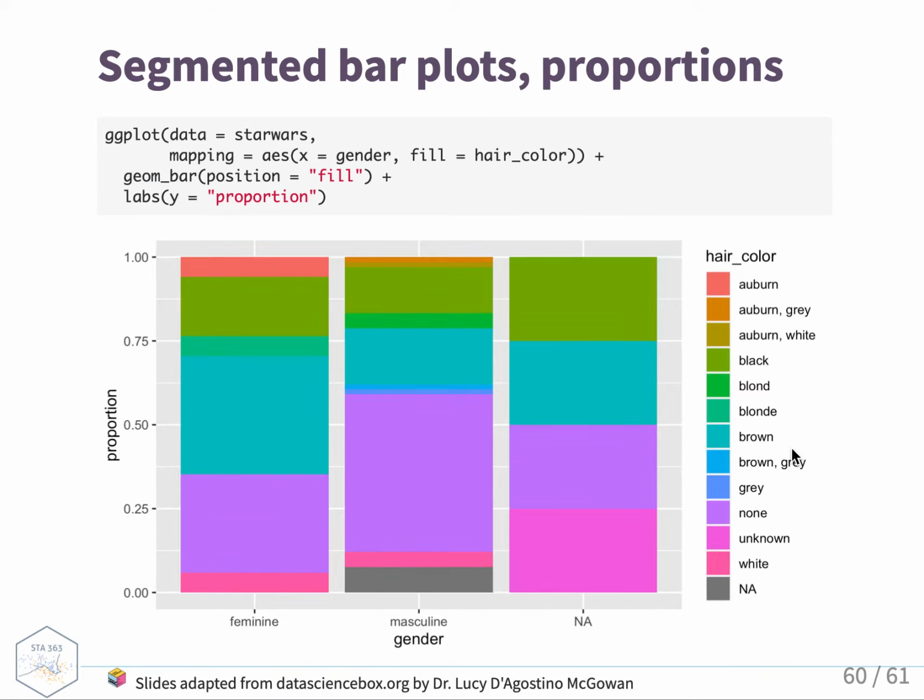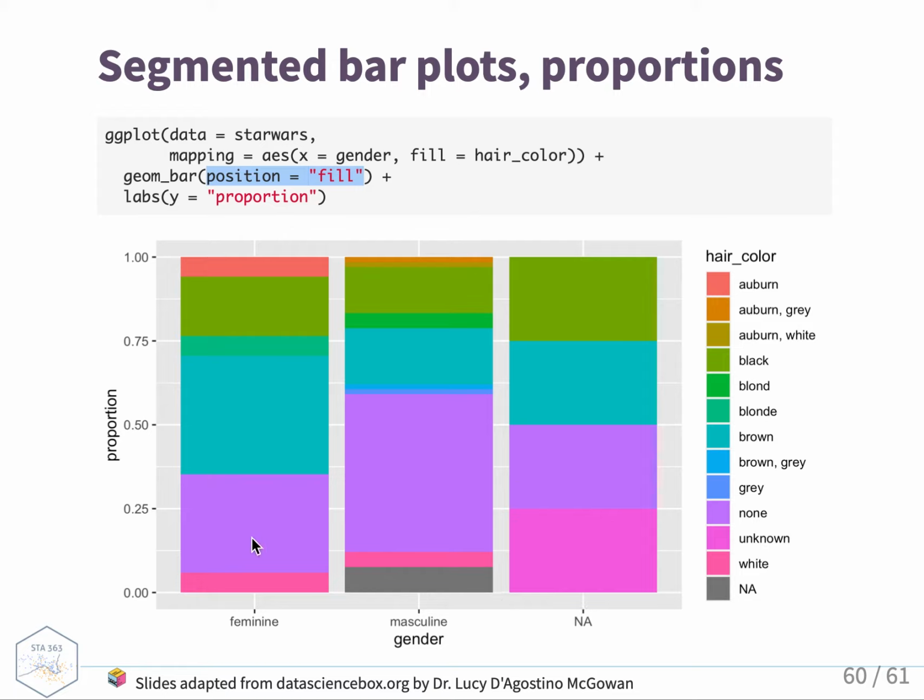If you instead are interested in the proportions instead of the absolute count, you can change the geom_bar position to equal fill. What that's going to do is fill this whole space so that these all add up to 100. So it'll look at the full proportion within each of these categories, and it'll let you compare between them.